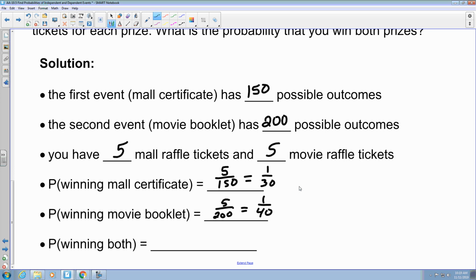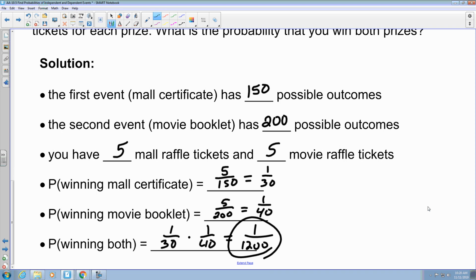So the probability of winning both, they're both independent events, so it's just going to be the probability of the first times the probability of the second, which is going to equal 1 out of 1200. So 1 out of 1200 is a small percentage. So 1 out of 1200, we'll leave it as.